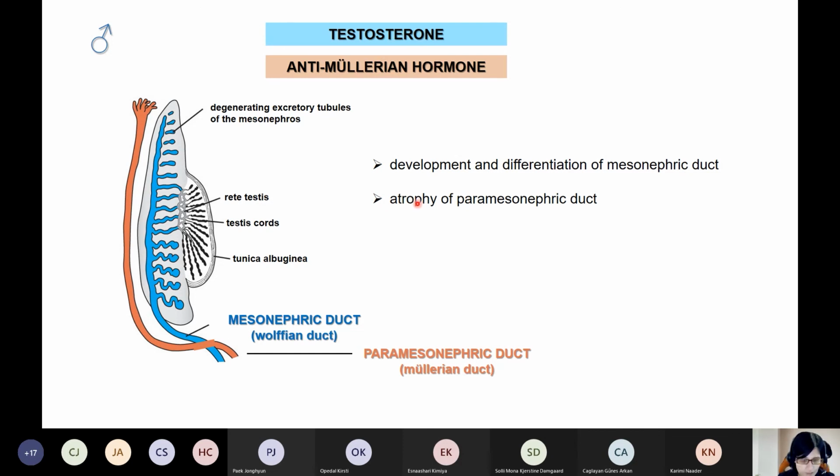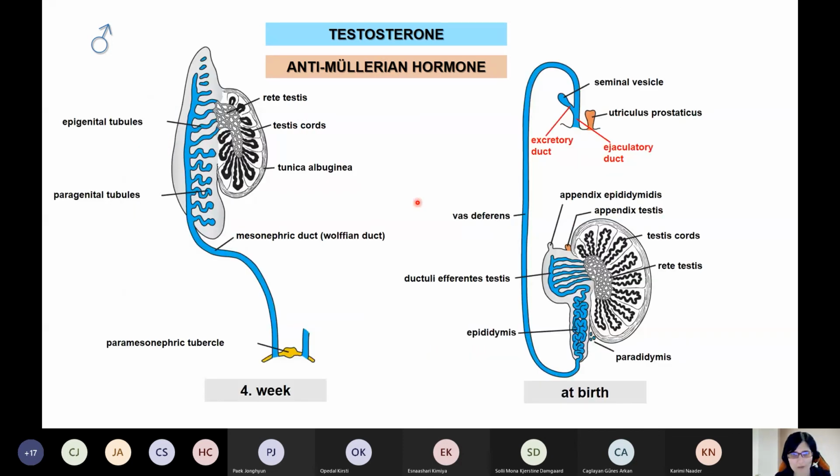Okay, if we see the details, this is the mesonephric duct, the developing, differentiating mesonephric duct. Here we have already the testis cords plus the rete testis, which we have already seen in the development of the gonad. First, we need a connection between the mesonephric duct and the rete testis.